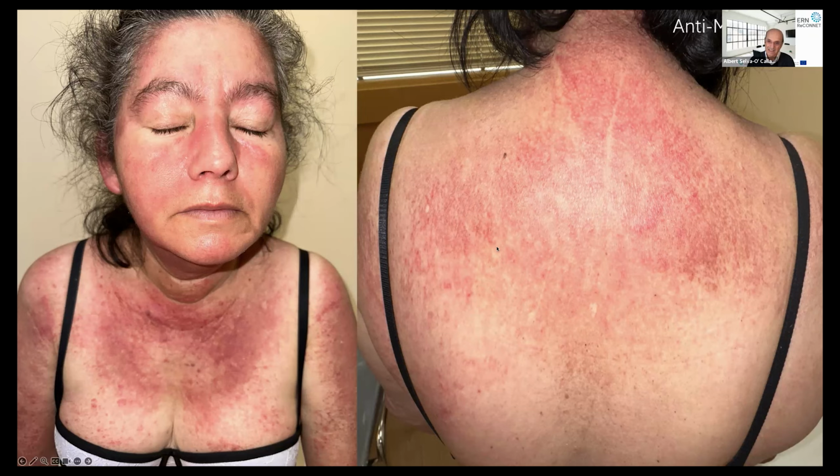You can see here the shawl sign and the V sign, heliotrope rash, and also we cannot see here, but for sure Gottron papules. So it's important because skin lesions here are very common, and these patients usually, in general, have a good response to the immunosuppressive drugs.